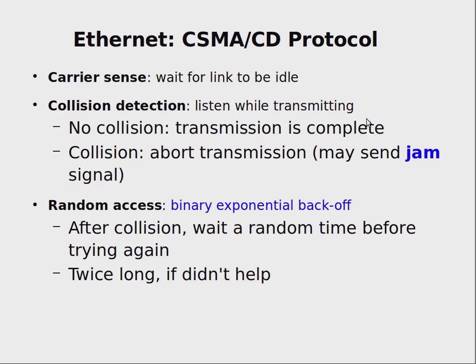So more details about Ethernet. The protocol for Ethernet is called CSMA-CD, or Carrier Sense Multiple Access with Collision Detection. So what does carrier sense mean? All Ethernet devices are always listening to their channel, what is happening there. Why am I talking about a channel?